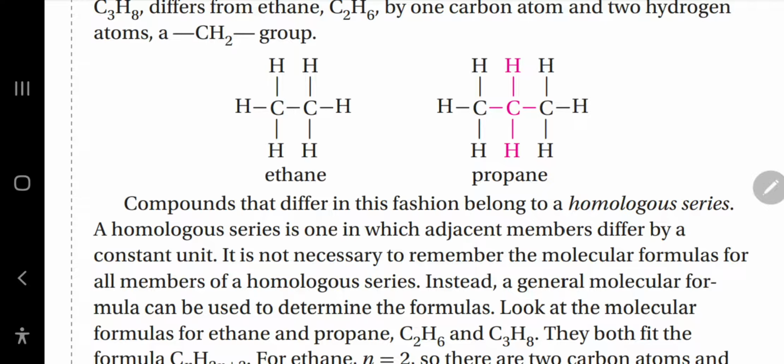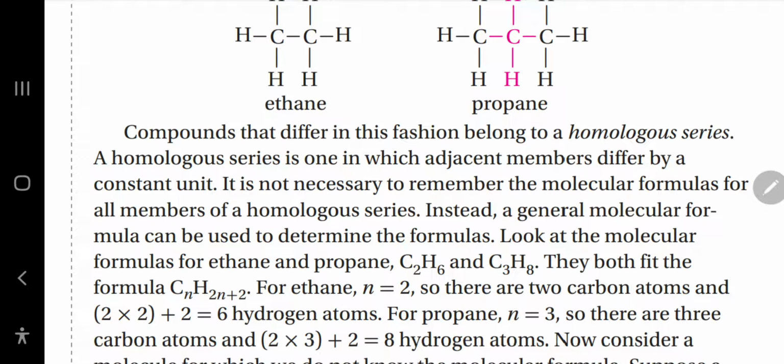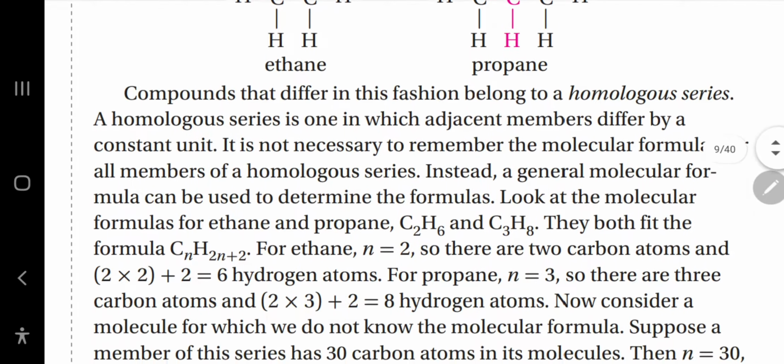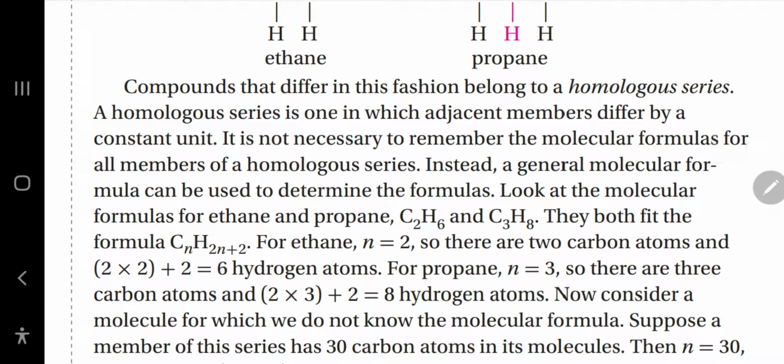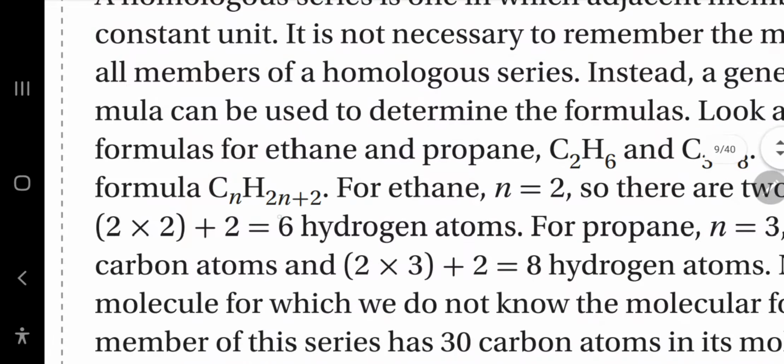It is not necessary to remember the molecular formula for all the members of the homologous series. Instead, a general molecular formula can be used to determine the formulas. For example, the general formula for alkanes is CnH2n+2, which means if we have 4 carbon atoms, n will be 4.